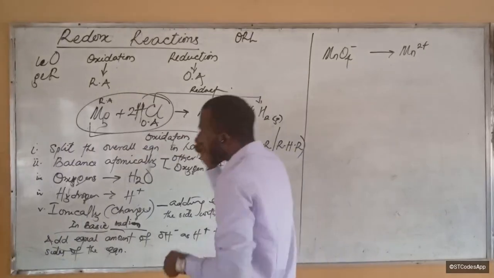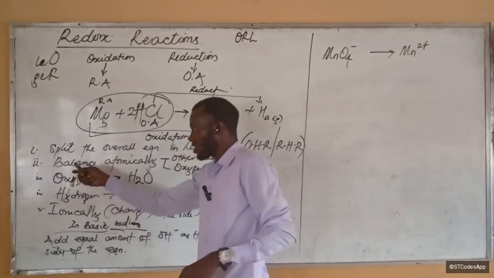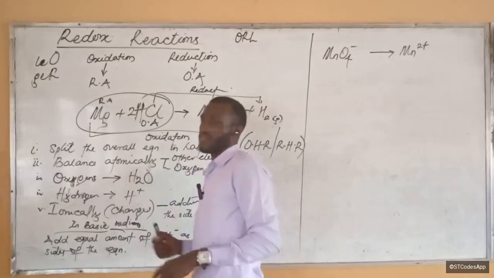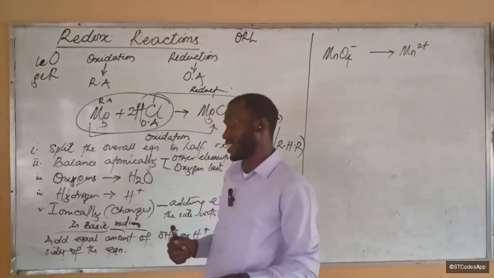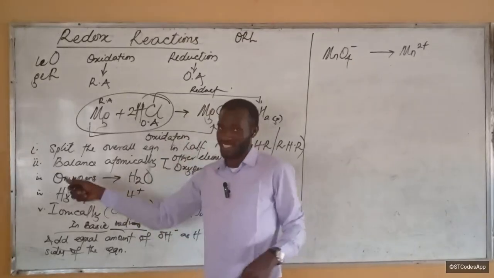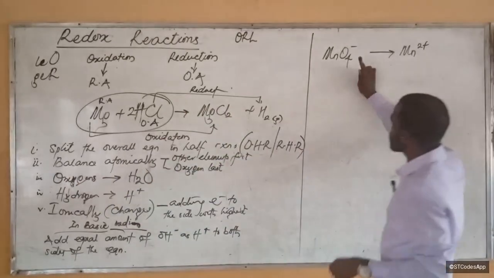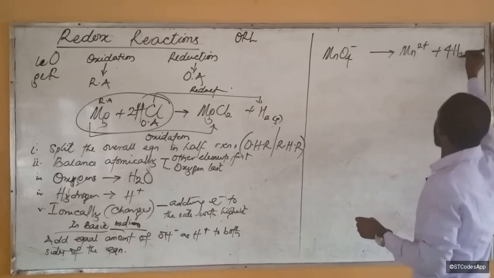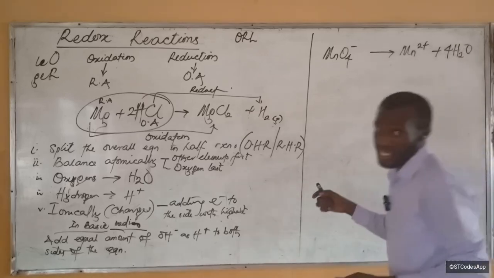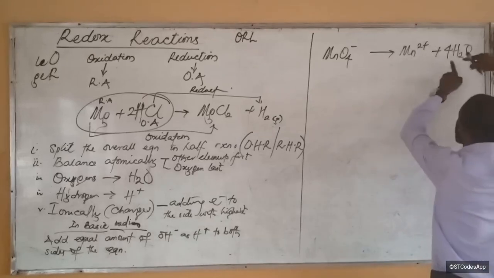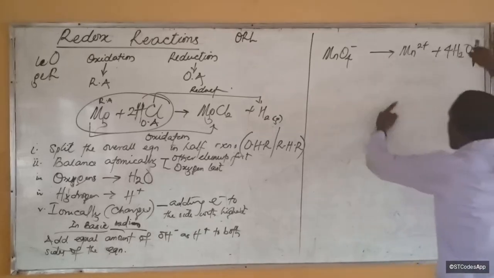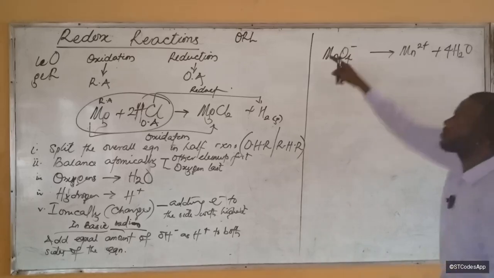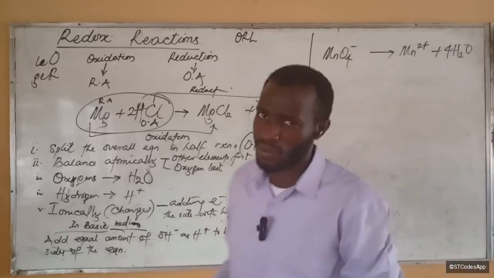You have an equal amount of water as you have of oxygen. I have 4 oxygen here. I will add 4 water to the opposite side because this is the side where I need oxygen, right? So I'll go there and add 4 water, because by adding 4 water, I have added 4 oxygen. Does that make sense to you?